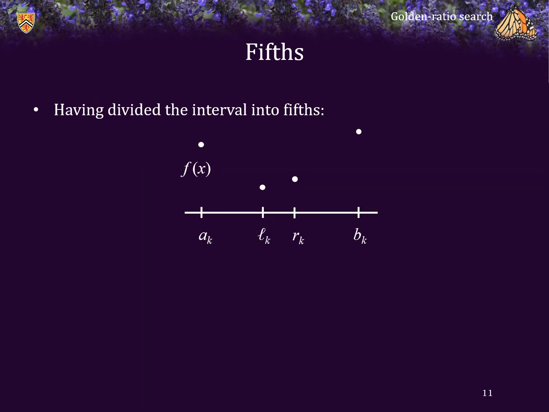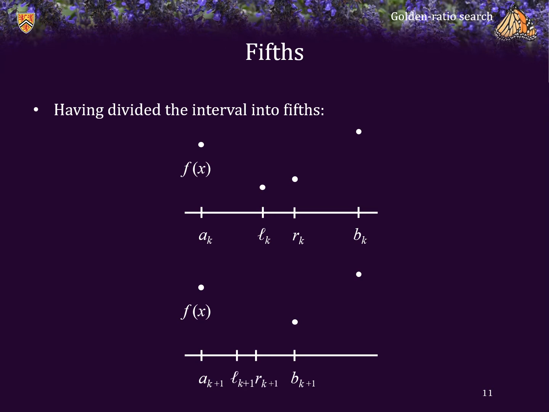All right, having divided the interval into fifths and having evaluated the function at the two interior points closest to the center, we can see in this example that the value of the function at the left interior point is less than the value of the function at the right interior point. Consequently, with the next step, we will restrict ourselves to the interval from a sub k to r sub k. So a sub k plus 1 is still a sub k, while b sub k plus 1 is now r sub k.